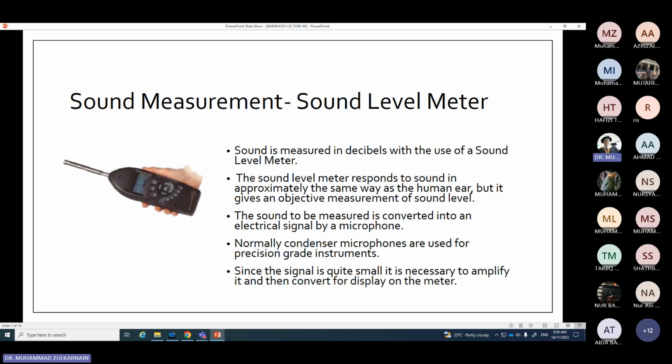So when we relate to human comfort, maybe we can use the sound level meter.